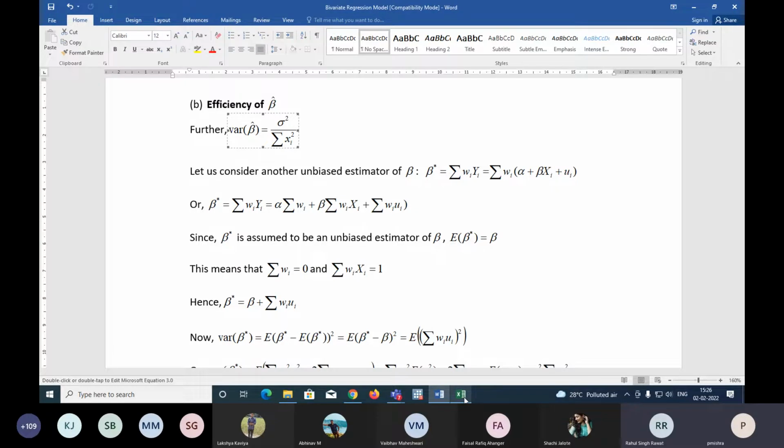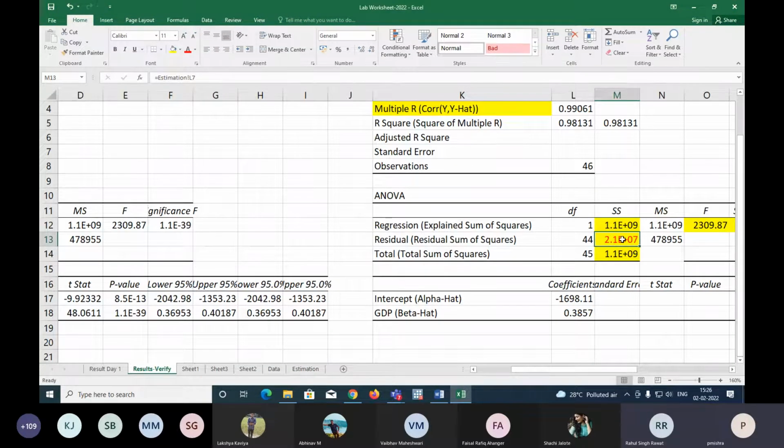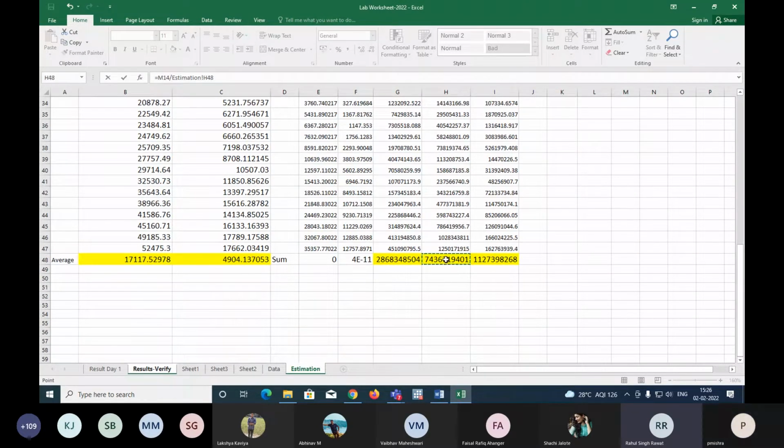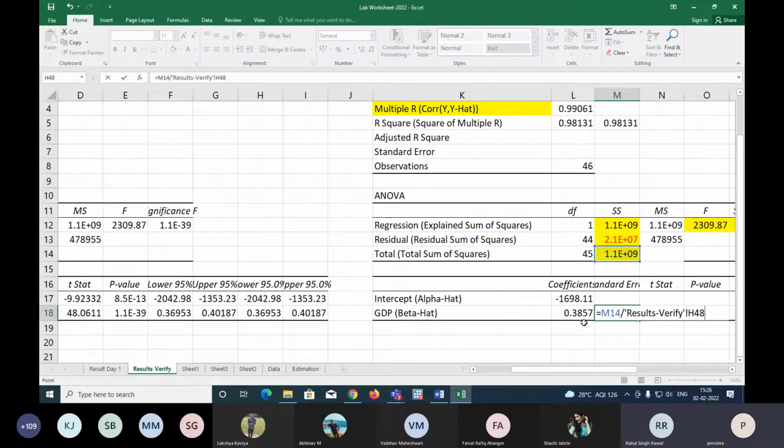So the standard error will be this divided by summation of small xi square, which is this one. This is what we need to get, and because this is the standard error, we need to take the square root.